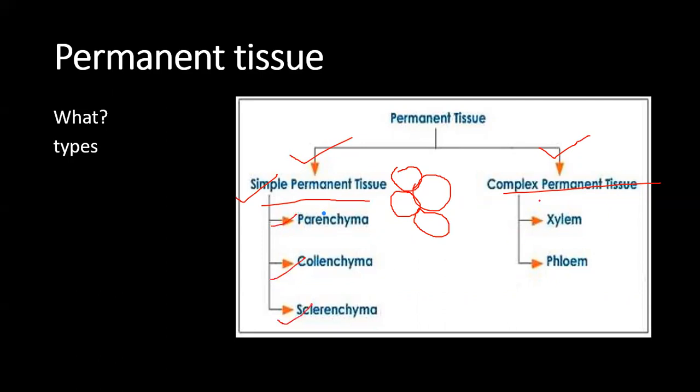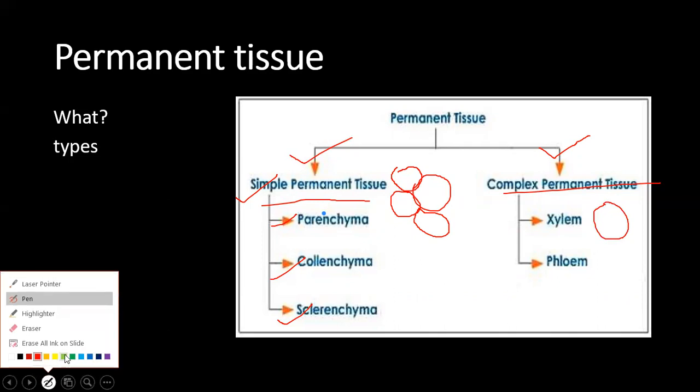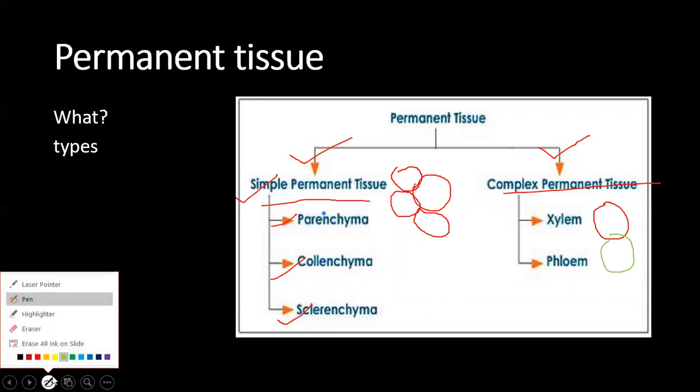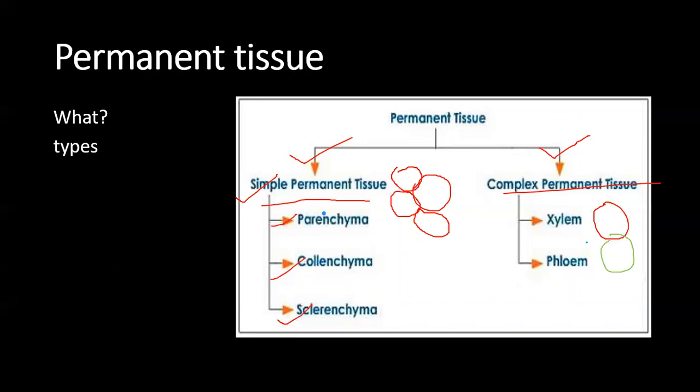So the next one is complex permanent tissue. The name itself indicates complex, we also say compound or conjugate. Here there are different groups of cells. So this is one type, and another type of cell is also there. If more than one type of cell group is present in one tissue, then this type of tissue system is called complex tissue.